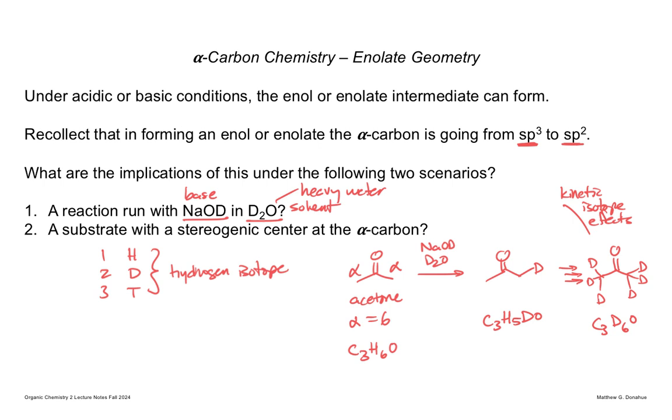For example, you can stick a deuterium at a specific place in a molecule. You let the enzyme do its thing, and then you say, okay, is that deuterium still there or is it gone? And that's all, again, measured through mass spec.